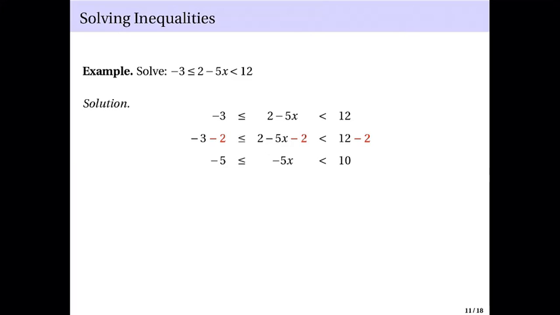But since we are multiplying by a negative number, we change the direction of the inequality. From less than or equal, it becomes greater than or equal. Here, from less than, it becomes greater than. We change the direction of the inequality at the instant we put this multiplier -1/5.